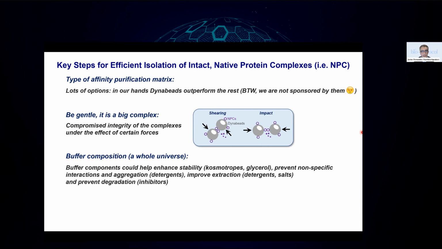You also need to extract your complexes, sometimes from membranes, sometimes from other cellular compartments. You need detergents, you need certain types of salts. And you can also add inhibitors to prevent degradation and to prevent your complex from being damaged.